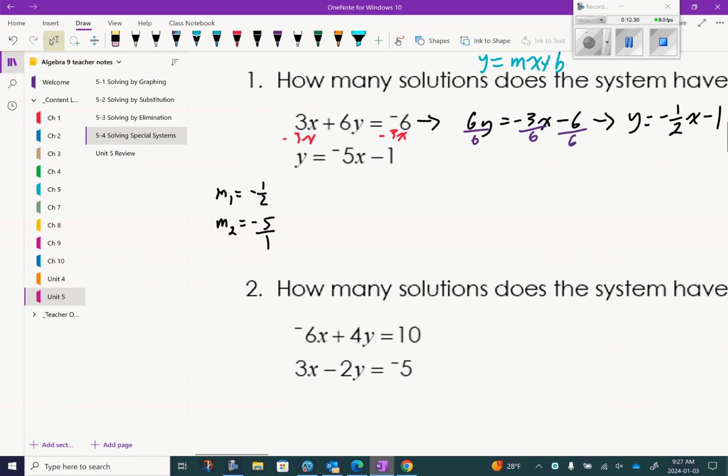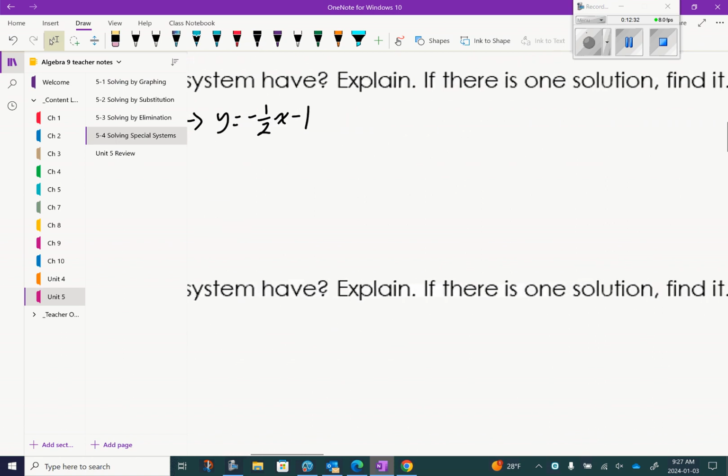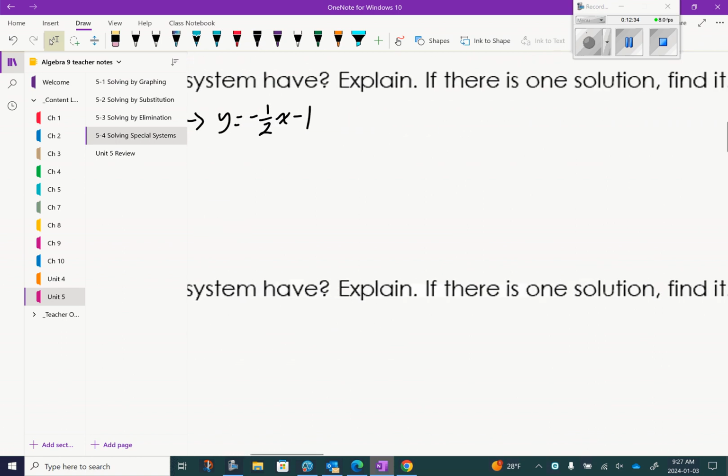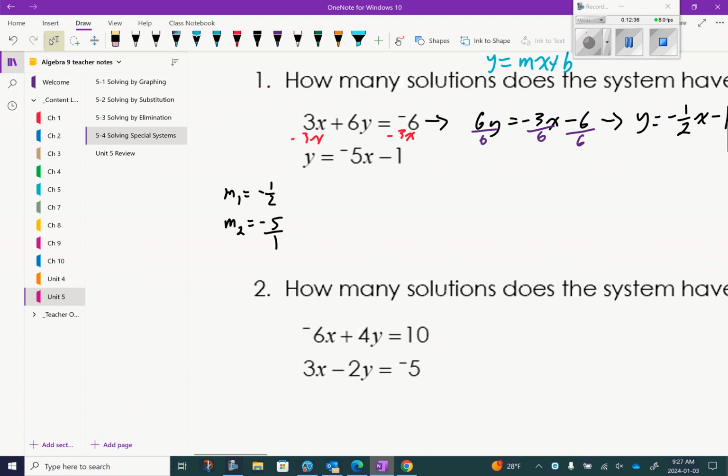Now again, the directions say if there's one solution, we're supposed to find it. Because the slopes are different, we know this should have one solution.